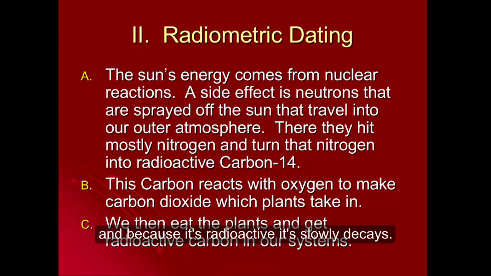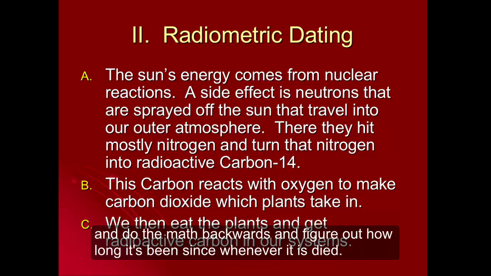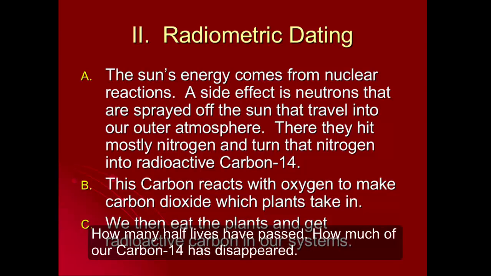And because it's radioactive, it slowly decays, has a long half-life, and so it takes a while for it to decay. And we can look at the amount of carbon-14 still present and do the math backwards and figure out how long it's been since whatever it is died, how many half-lives have passed, how much of our carbon-14 has disappeared.